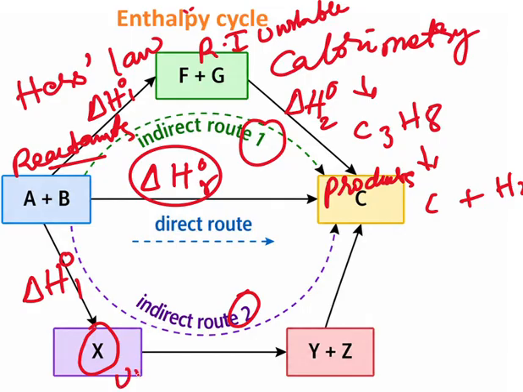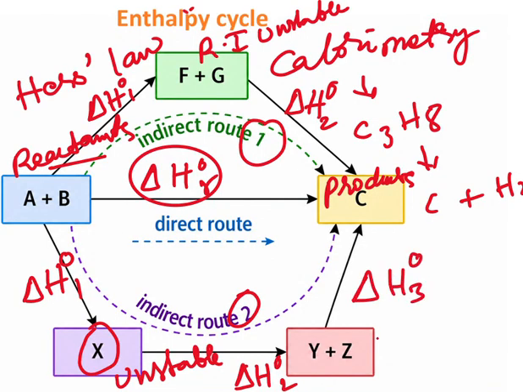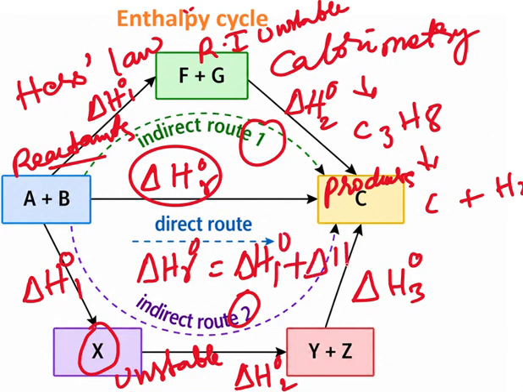Since X is unstable, it transforms into Y plus Z, with delta H2 naught. Since Y and Z are also unstable, they transform into the product C, with delta H3 naught. So delta H R naught is equal to delta H1 plus delta H2 plus delta H3.